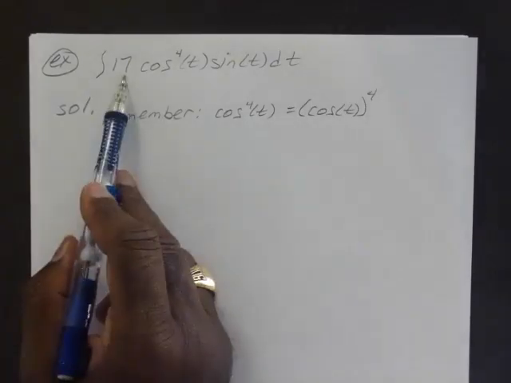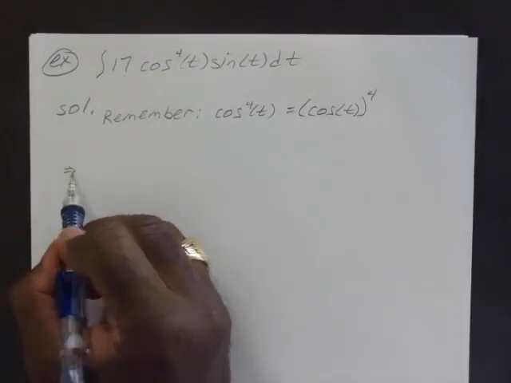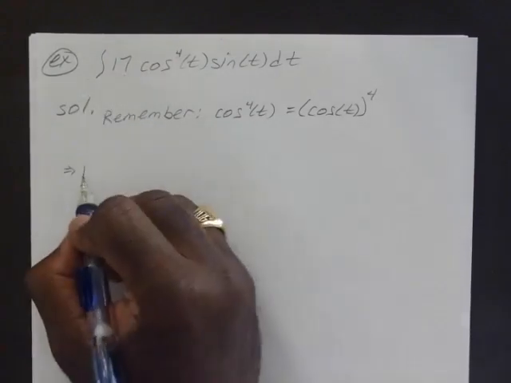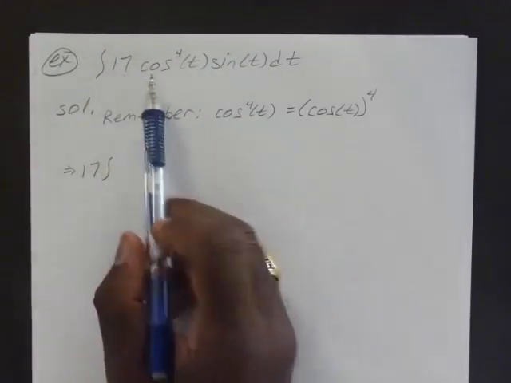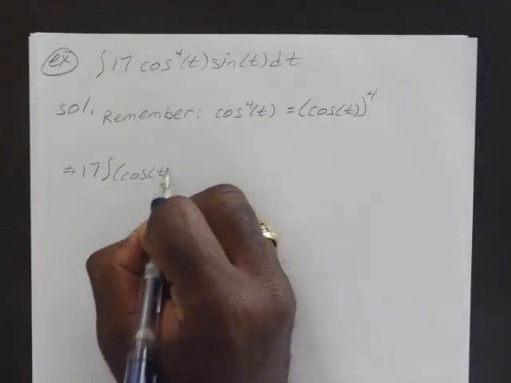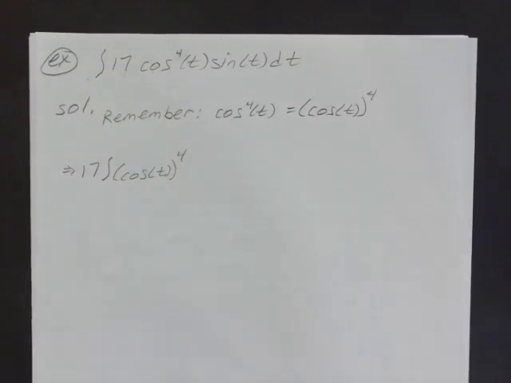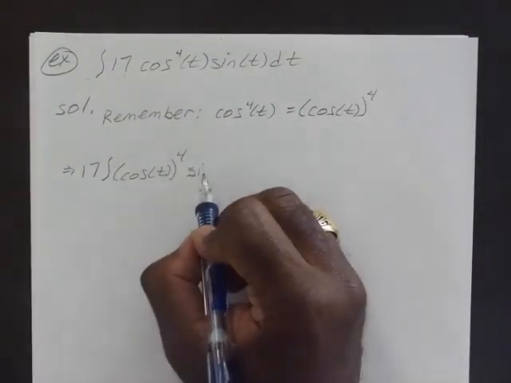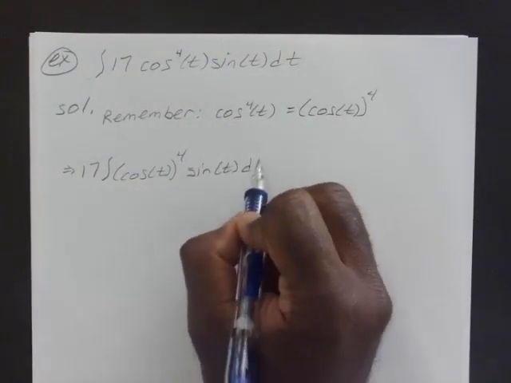So if we rewrite it, again, I'm just going to factor out that 17 times the integral and rewrite it as cosine of t to the fourth power times sine of t dt.